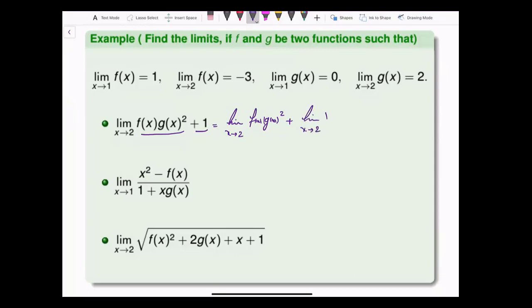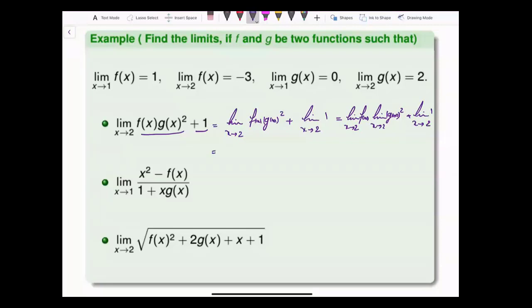Oh, I missed a few more laws, but I will try to put them here as we go on. So then this is the product. The limit of the first one and then the limit of the second one as x approaches 2, plus the limit of 1 as x approaches 2.